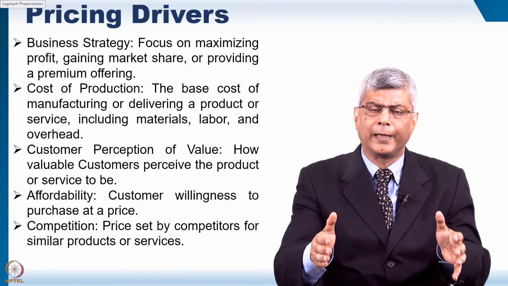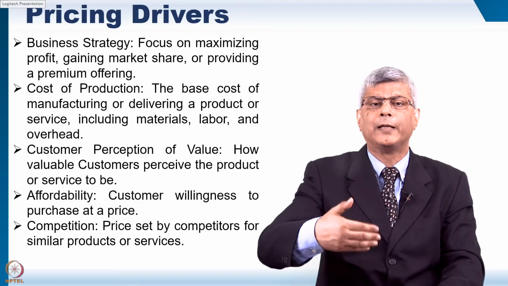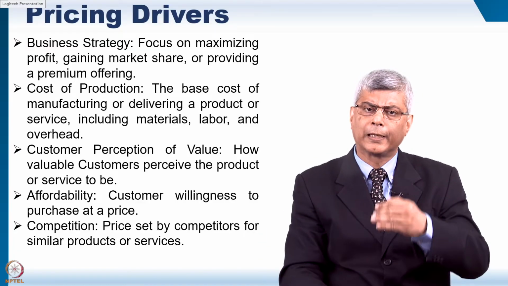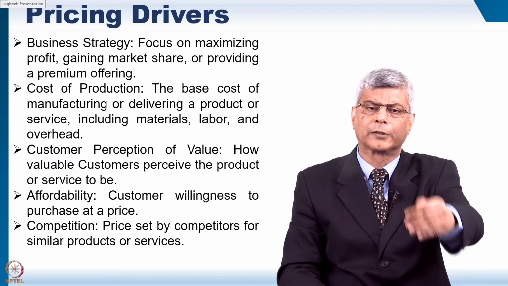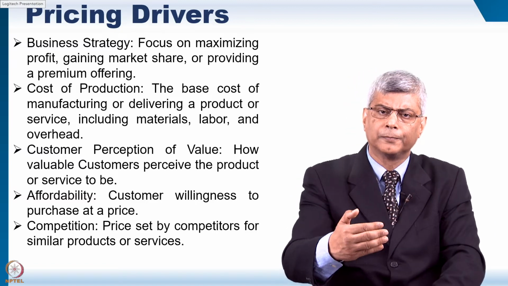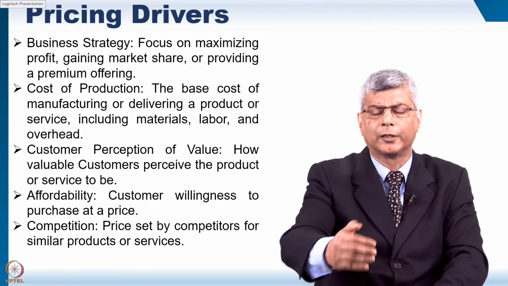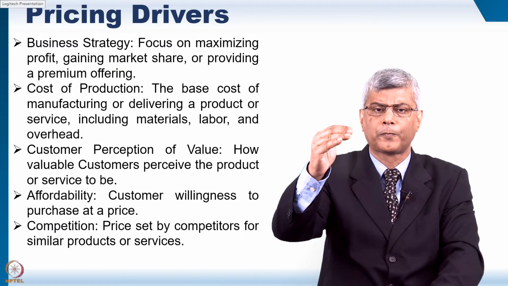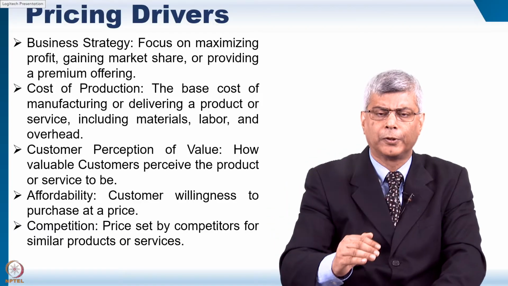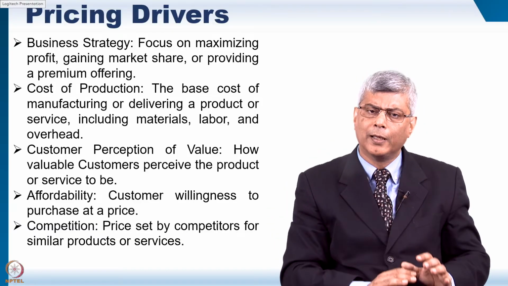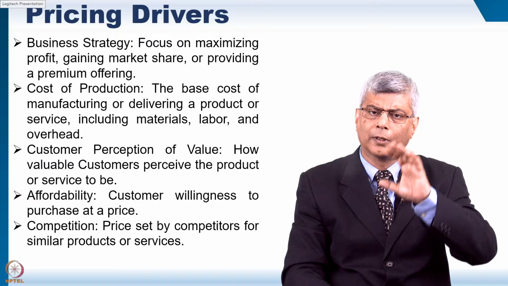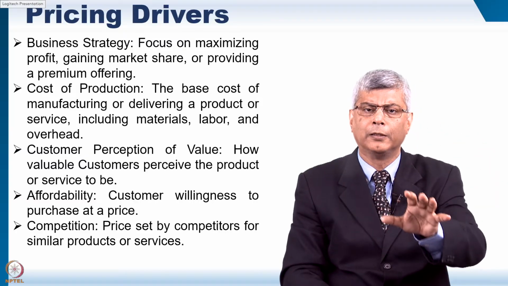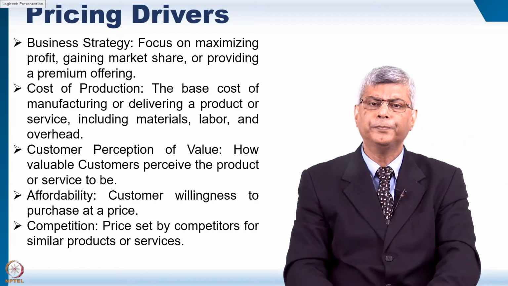Even in an aeroplane, you may have different tiers of seating: economy class, business class, first class. In a hotel, you may have different kinds of rooms. So there will be luxury hotels, and there will be not so luxury hotels, and there will be cheap mass hotels. So it depends on what the business strategy of the company is.